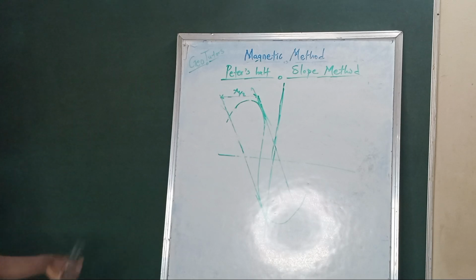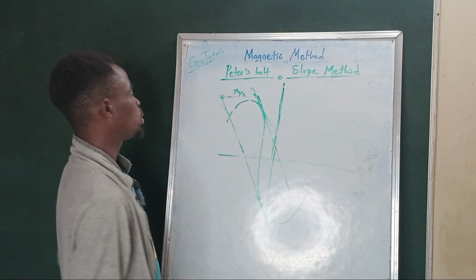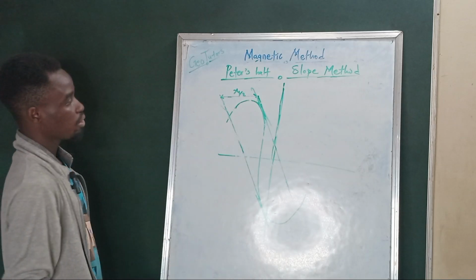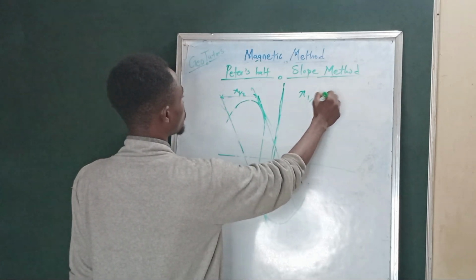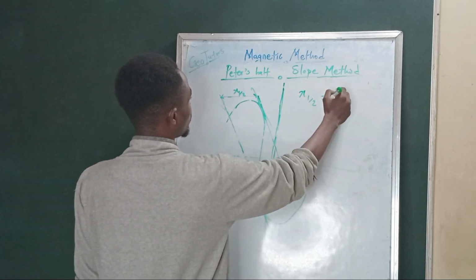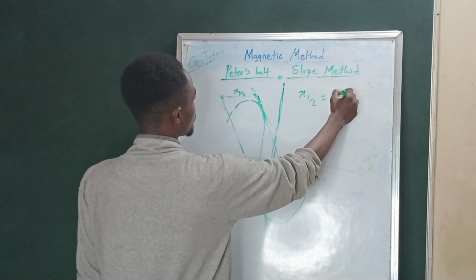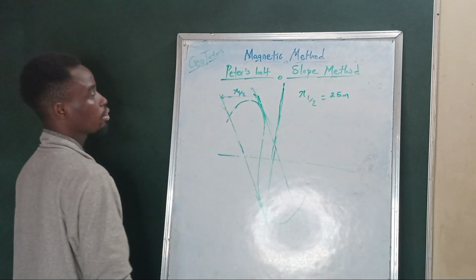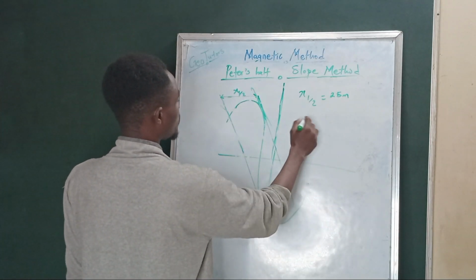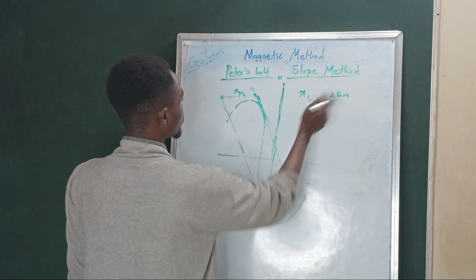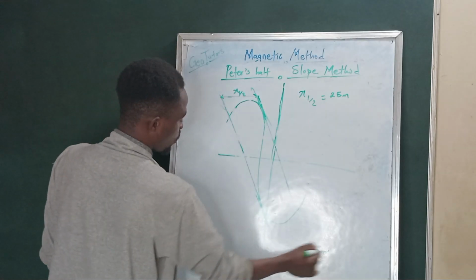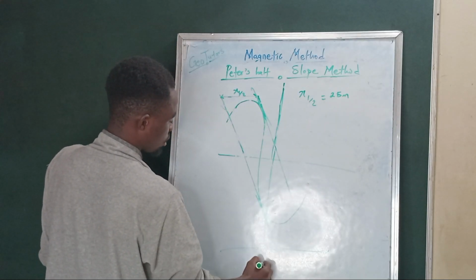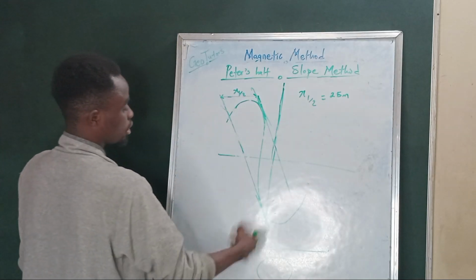Depending on what you have in the subsurface, let's say x half is equal to, for example, 25 meters, and what you are going to calculate is Z. Let's say we assume that in this place is a sphere.